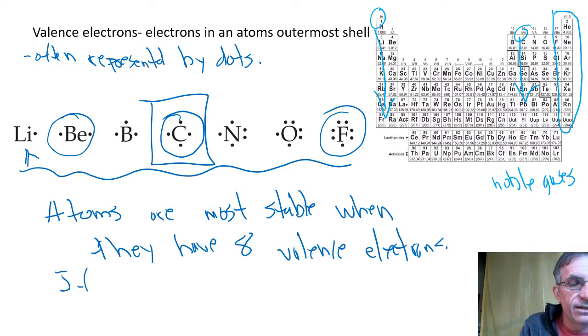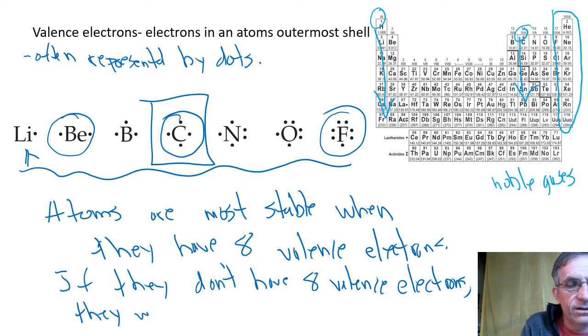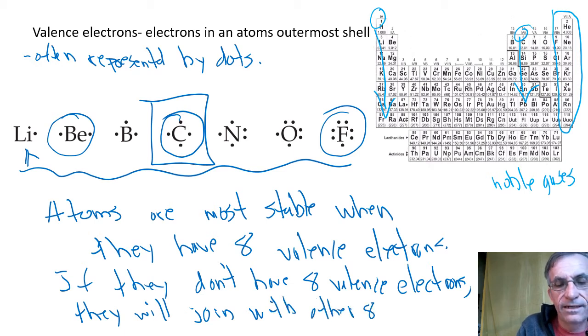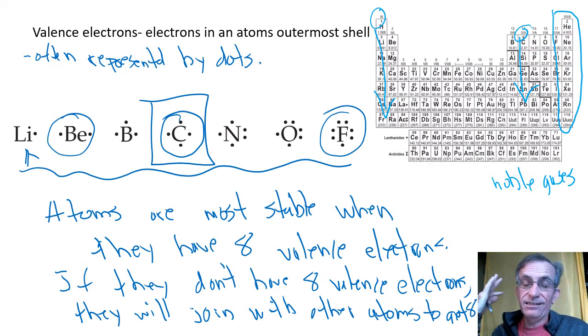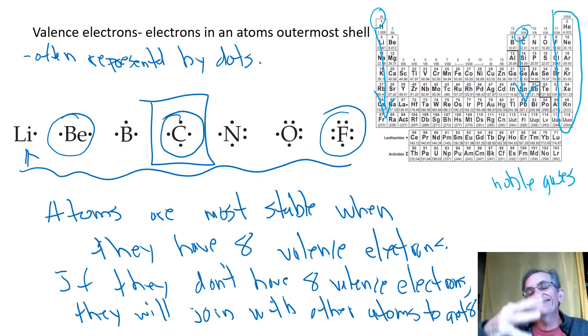If they don't have 8 valence electrons, so I'm talking about everybody except for the noble gases, they will join with other atoms to get 8. All right. So the reason why atoms get together with other atoms, the reason we end up with compounds really, is because atoms have this need to end up with 8 valence electrons.